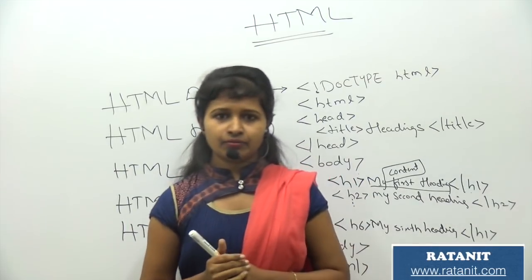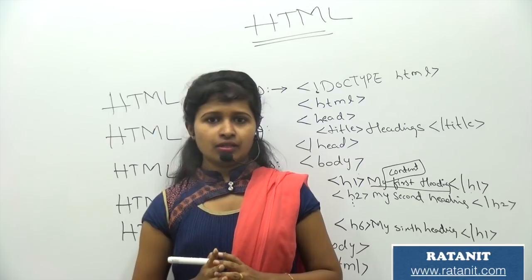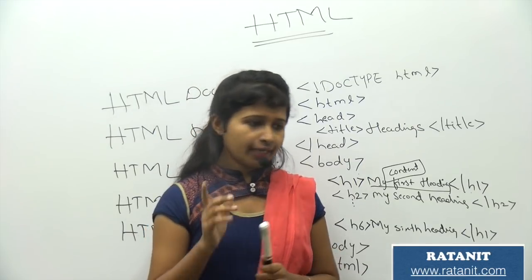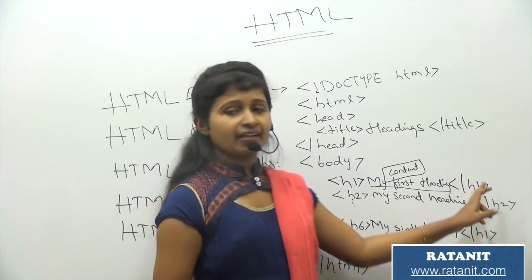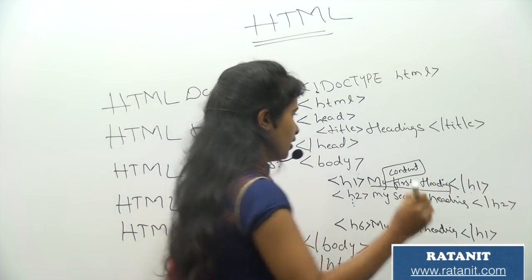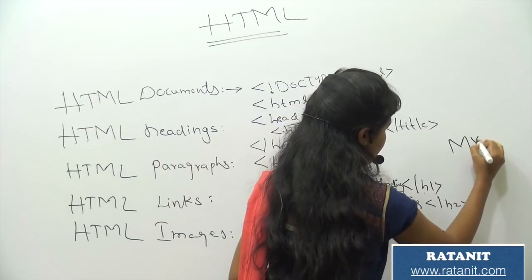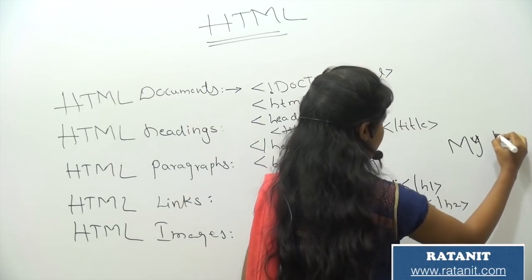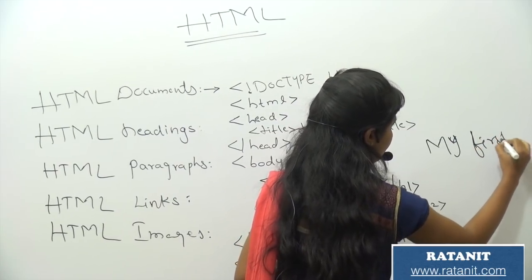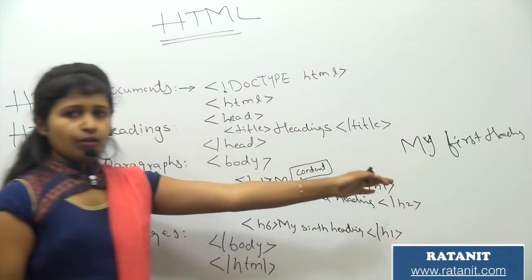Now you might have a doubt: only H1 is enough, why do we need five more, H1 to H6? Exactly. See, the H1 heading is the main heading. It will display like my first heading in bold characters.